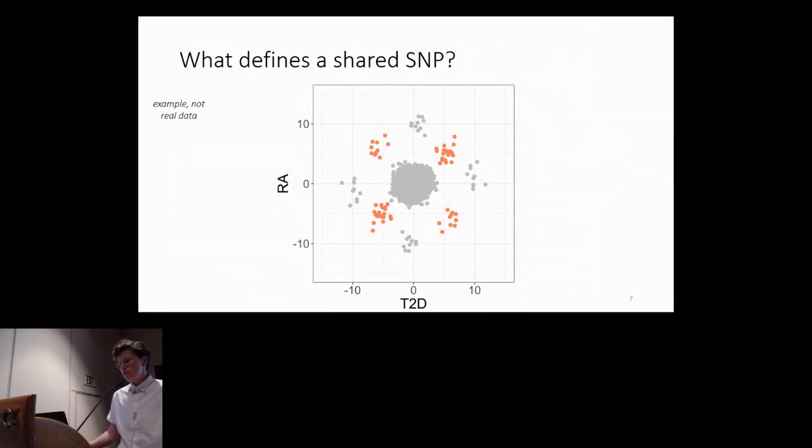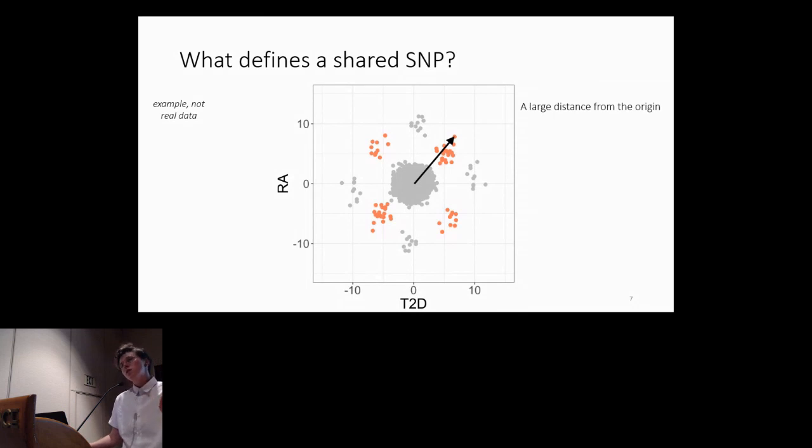Now let's talk about what defines a shared SNP. How will we find it? First we need to realize that we want to find SNPs with an effect at all. For this we use the distance from the origin as a measure.